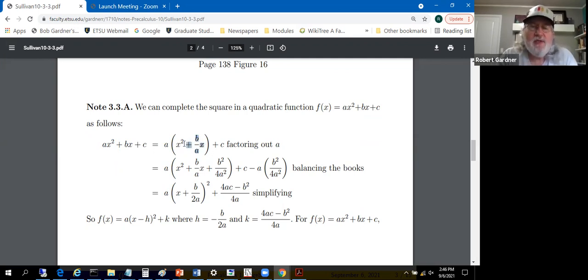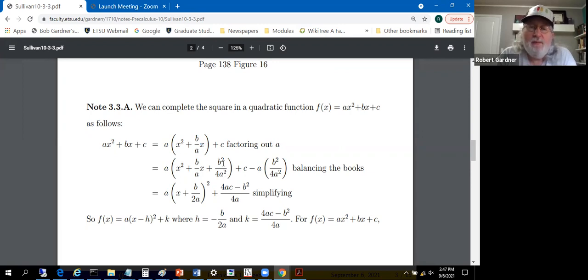Now we're going to take this expression in parentheses and complete the square. To complete the square, see the appendix on polynomials. I think it's Appendix A3, where completing the square is dealt with. We need to take the coefficient of x, b over a, divide it by 2, and square it. That'll give us b over 2a, squared: b squared over 2a squared, or rather b squared over 4a squared.